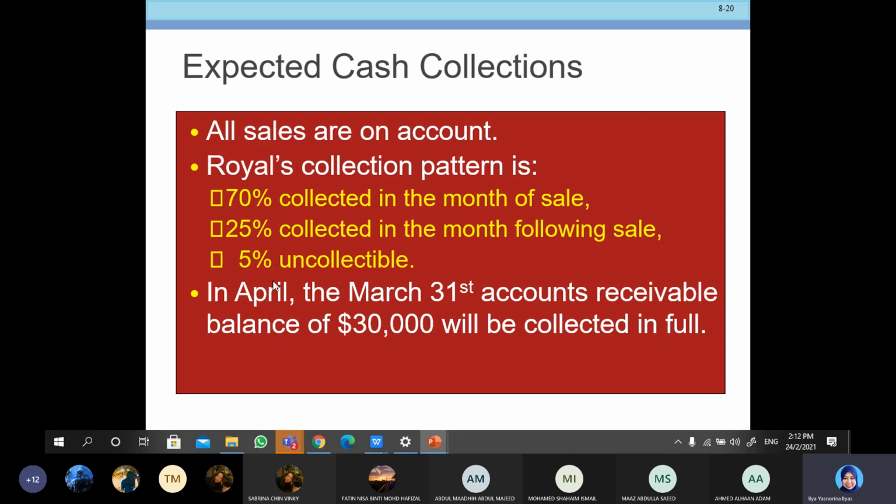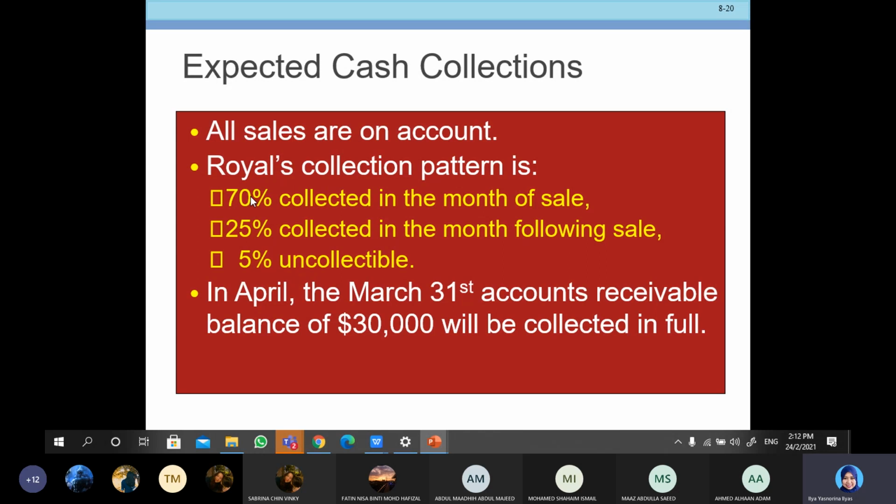This is together with the bad debt, or the provision for doubtful debt. In April, the March 31st account receivable balance of 30,000 will be collected in full.